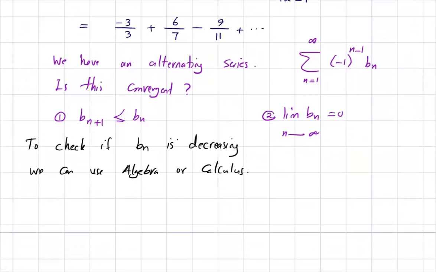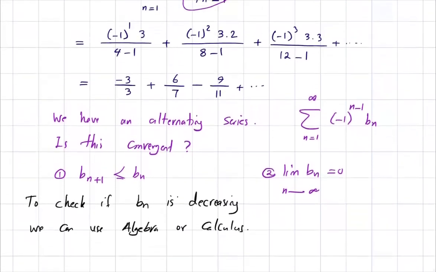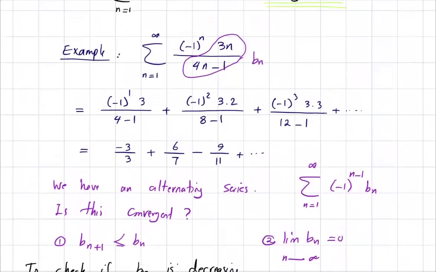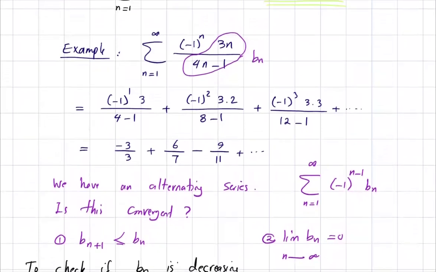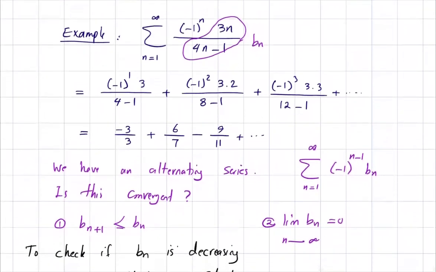If you decide to use algebra, you need to build these terms one by one, 4n minus 1 and then 3n, and check what the comparison is between n plus 1 and n in the general term.